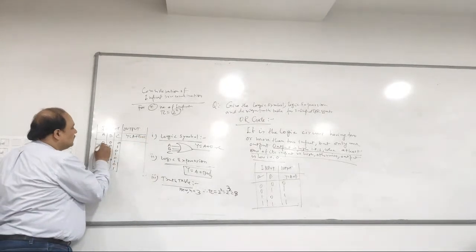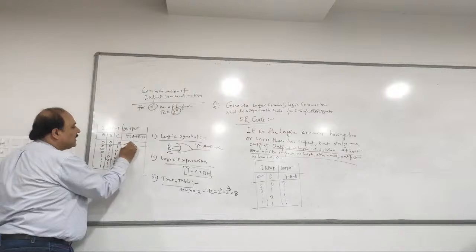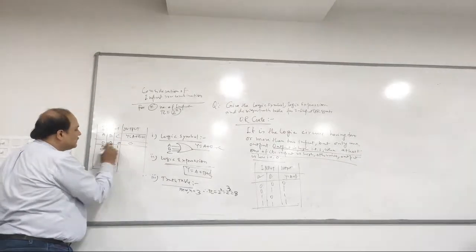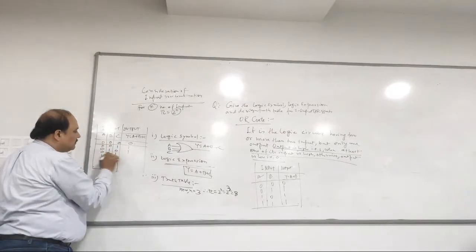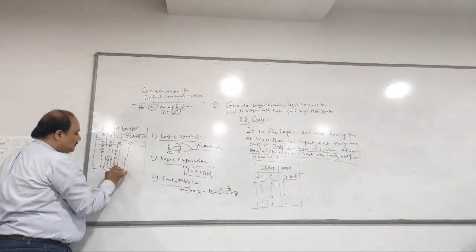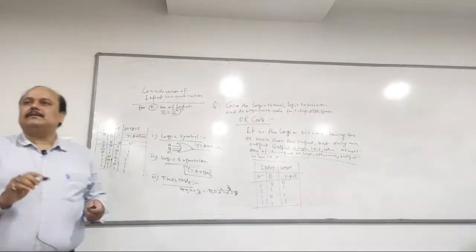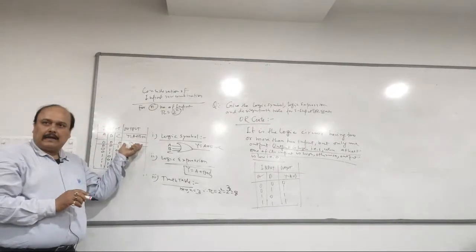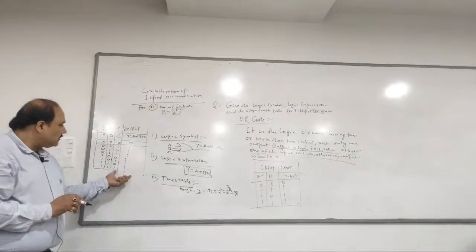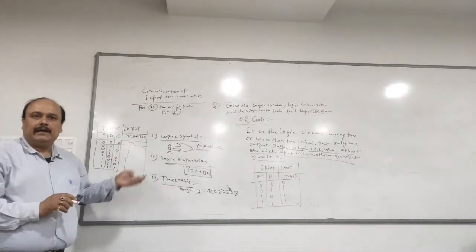Now this is the only case where the output is 0. In the rest of the cases, the first row contains the output low, and the rest of the rows contain the output high.